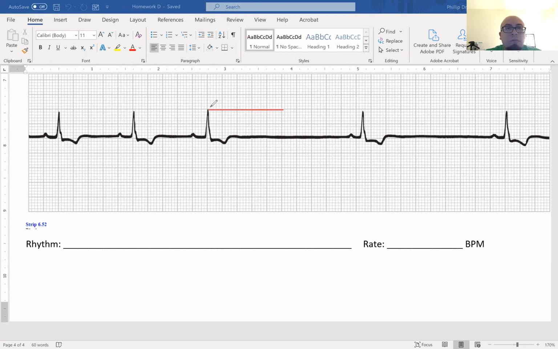Lands right here. And this is a sinus arrest. Sinus arrest. So again, you won't have any sinus arrests on your exam, but that's an example. In future videos, we'll discuss that, but it's okay for now.